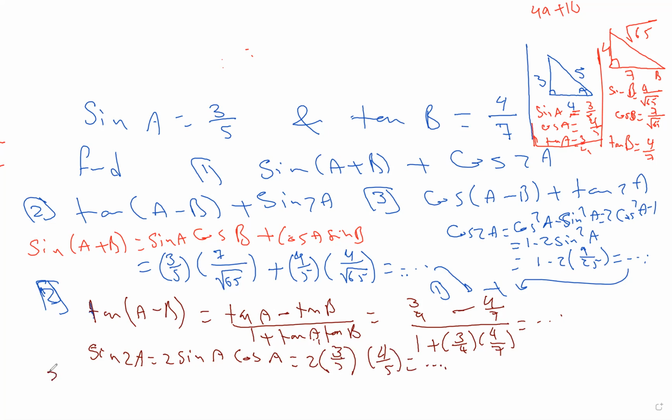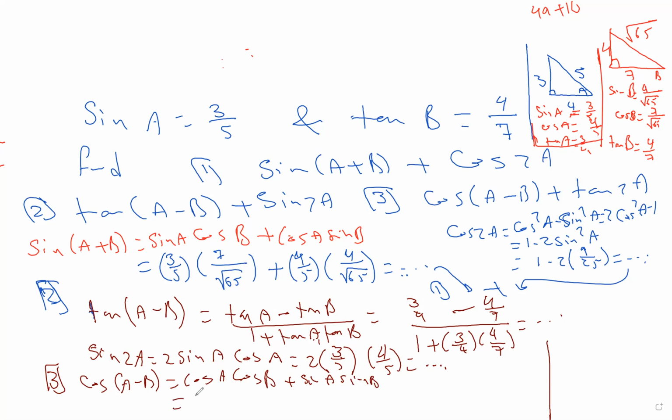Number 3, I have to solve it here because we cannot move to the next page, as the graph is in front of us. This is cosine(A minus B), so cosine A cosine B plus sine A sine B, and tan 2A.